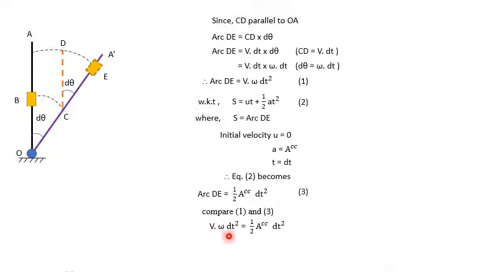So V into omega into dt square is equal to half times the Coriolis component of acceleration into dt square. Here dt square gets cancelled. Therefore the Coriolis component of acceleration becomes 2 times the linear velocity multiplied by the angular velocity. This is the equation for the Coriolis component of acceleration. Using this equation, we can easily find the Coriolis component of acceleration acting on the slider.